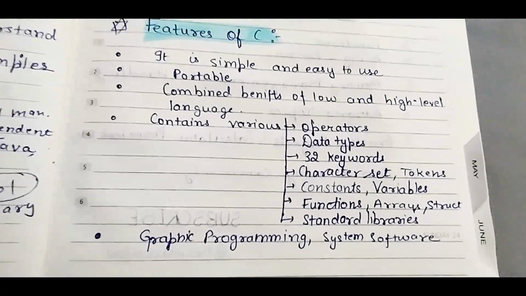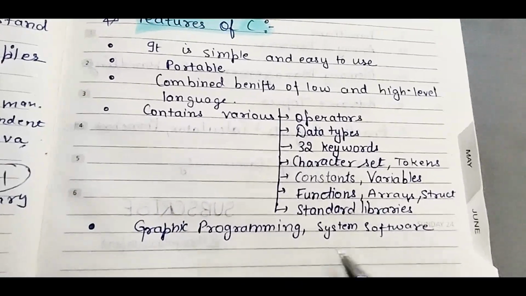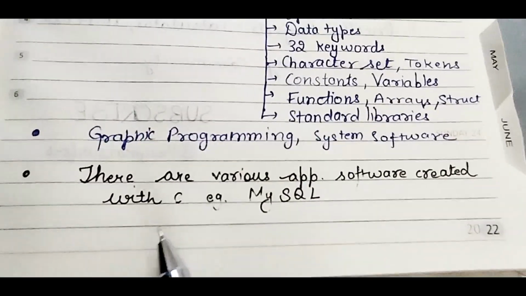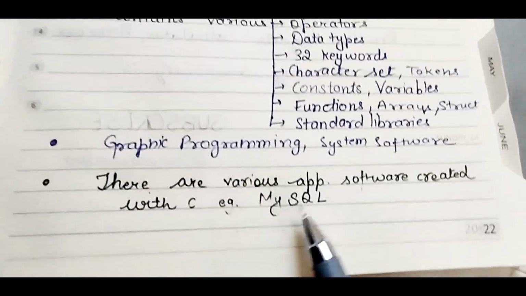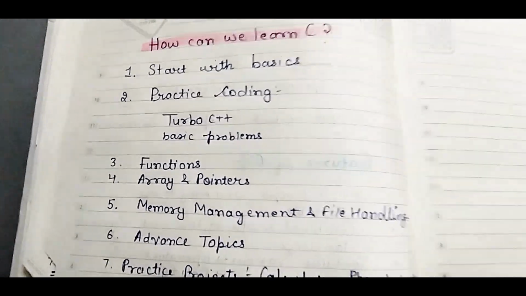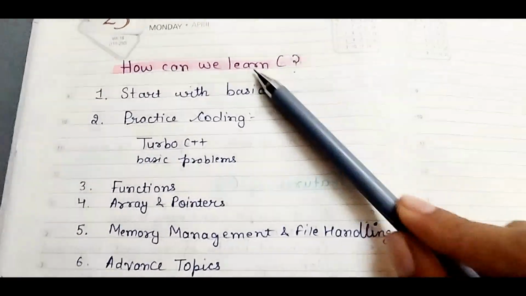It is used in creating graphic programs and system softwares. There are various application software too which are created with the help of C. Example is MySQL.